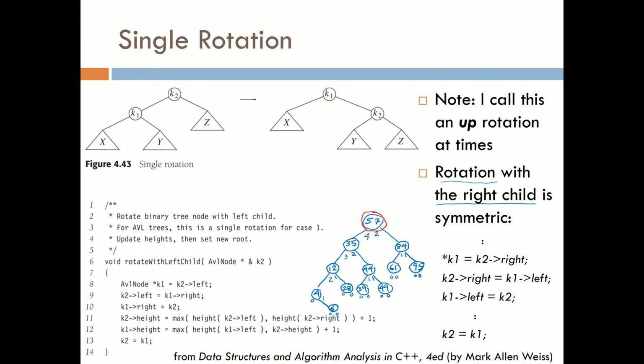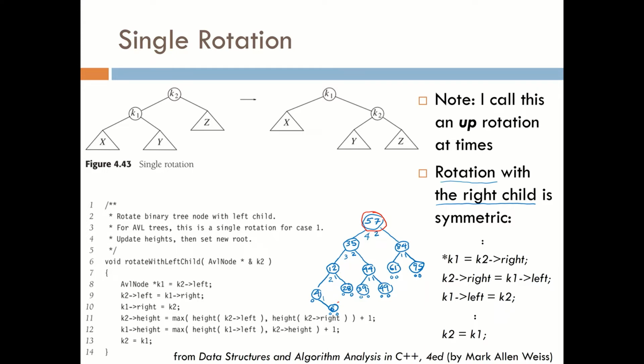And so how did this imbalance come about? Well, from the perspective of the root, this imbalance came about by inserting a node, which we inserted. Remember, this is the guy we inserted, 6. We inserted a node into the left child of the out of balance node's left child.